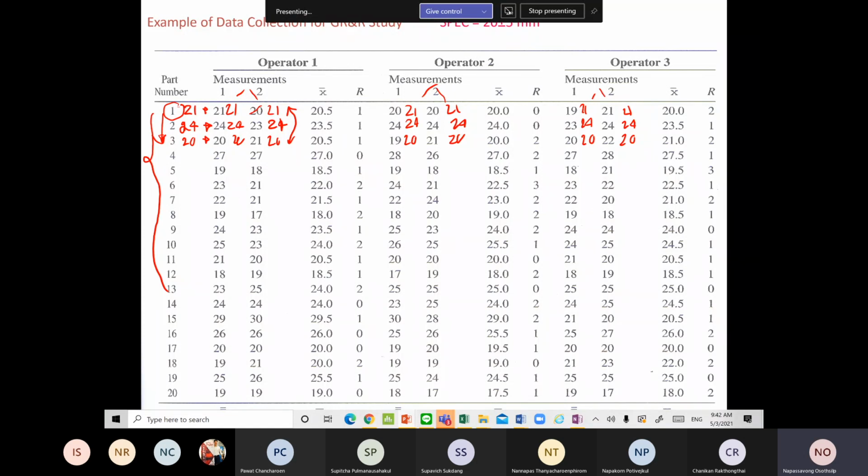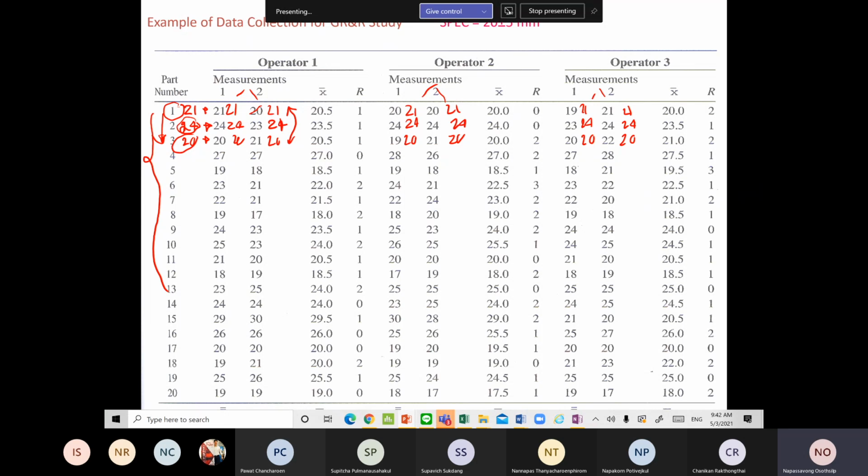For example, if part number 2 is large, like about 24, we really want the measurement to be about 24. And when we move to measure part number 3, which is about 20, we really want the number to be around 20, so that we would get the true results from the measurements, right?